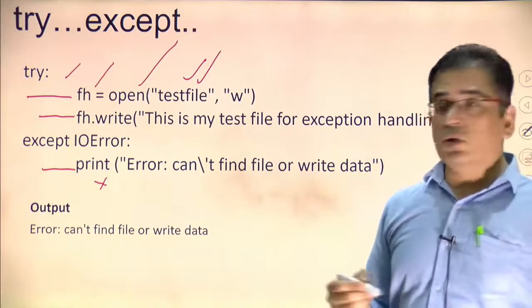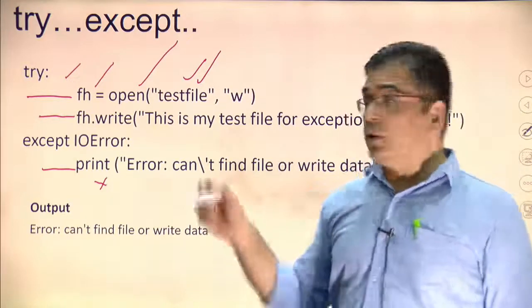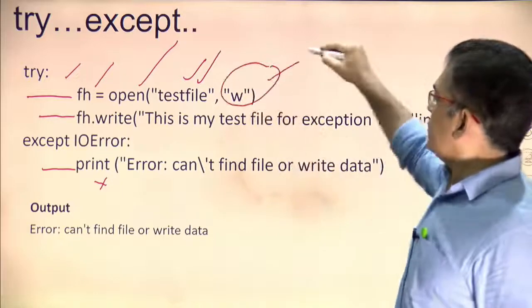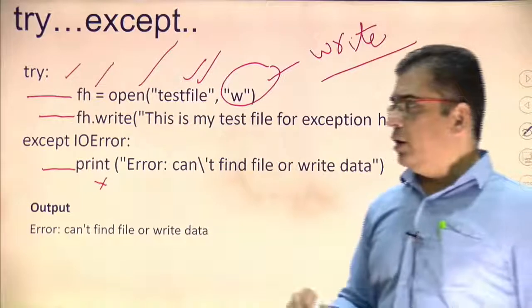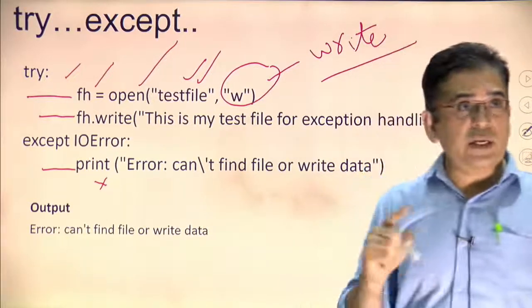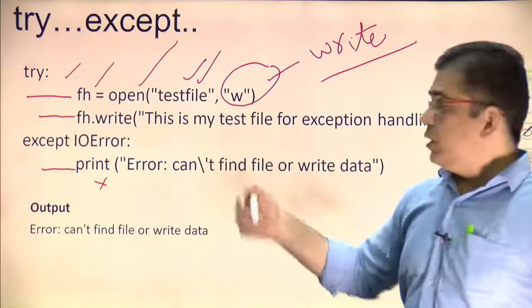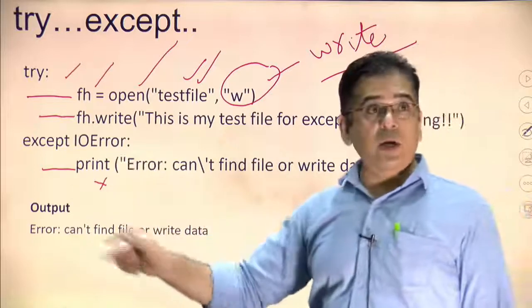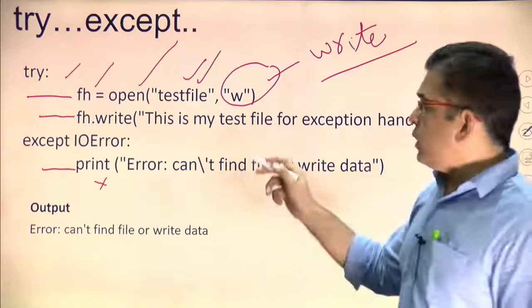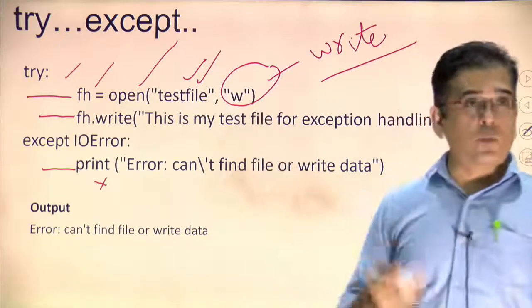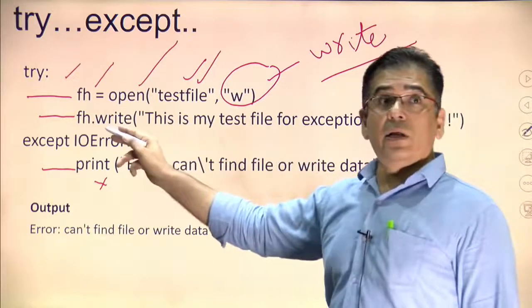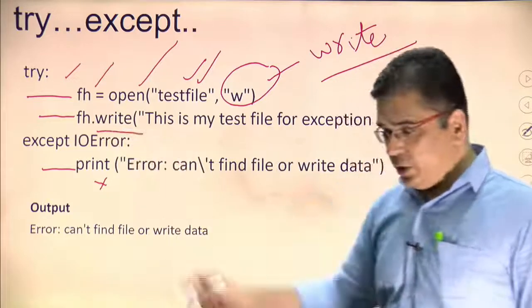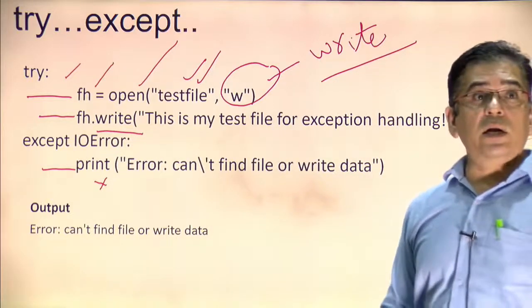If this file does not exist or it is not available to open in the write mode, as w means you need to open the file in the write mode, and there is an error in executing this statement, then this IO error can be handled this way. But before that, if the file is successfully opened and there is no error, then the content written here will be written in the file. The write function is used to write the content in the file.